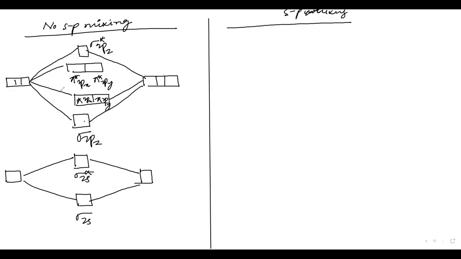Sigma 2pz moves upward and it overtakes these two pi orbitals. Now what will happen to this one? This will move a little bit upward. This one will move a little bit downward. This is sigma 2s. That is what we have to remember.